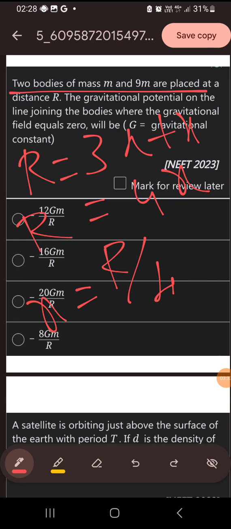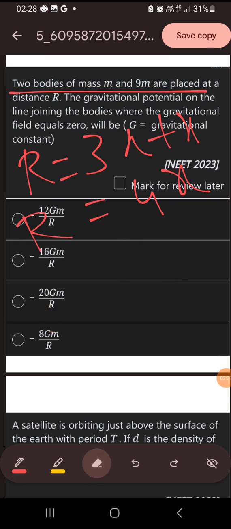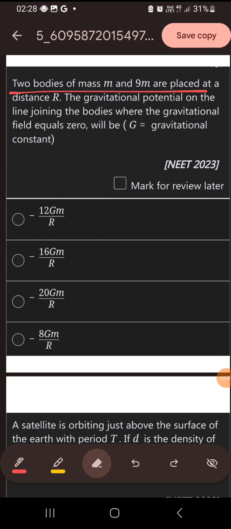This is the gravitational field part, where we found only the value of x. They are also asking about the gravitational potential. What is the formula for gravitational potential? I'm not asking for gravitational potential energy, just gravitational potential.